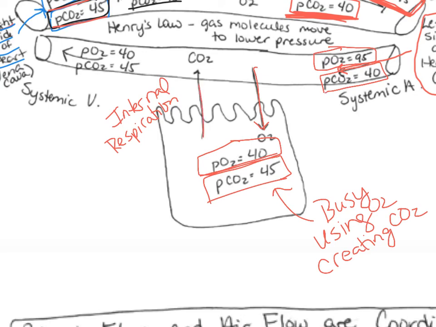So carbon dioxide will move from the tissues into the capillaries. And they reach equilibrium. So now the blood leaving the tissues will have a PO2 of 40, just like what was in the tissues. And the carbon dioxide will have a PCO2 of 45, just like what was in the tissues. And now they're going to head back to the heart.